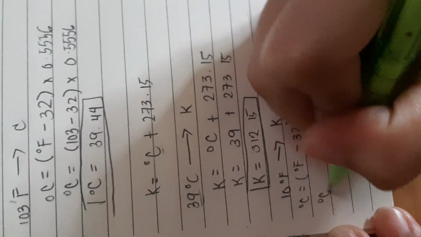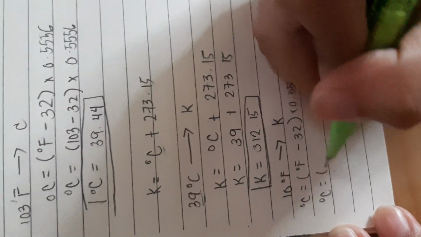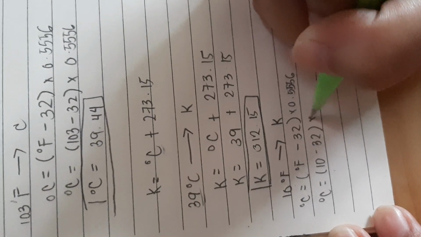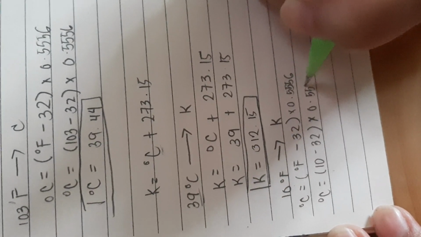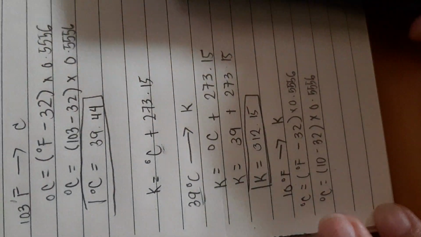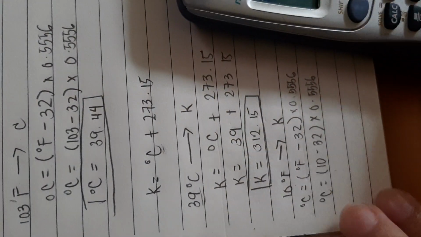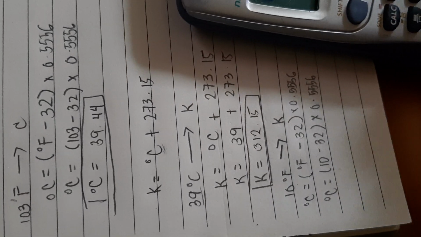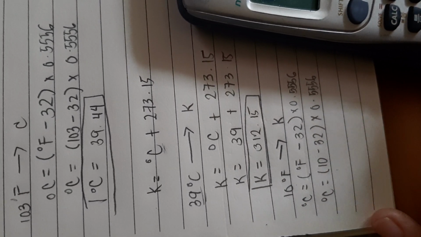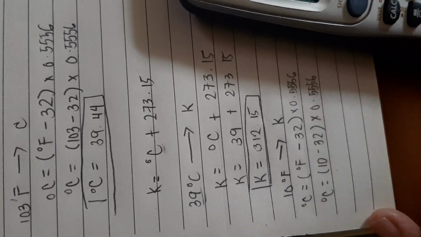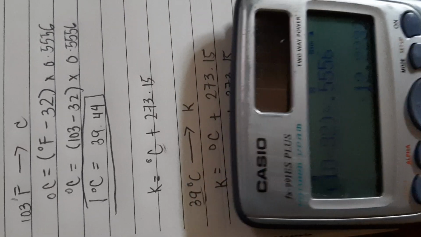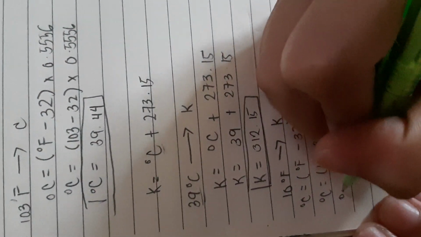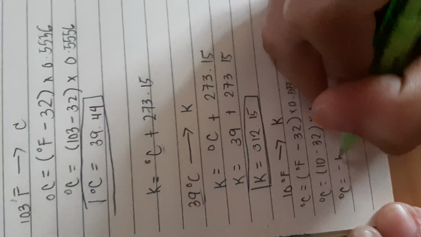So degrees Celsius is equal to 10 minus 32 times 0.5556. Let's compute for that. The answer is negative 12.22.